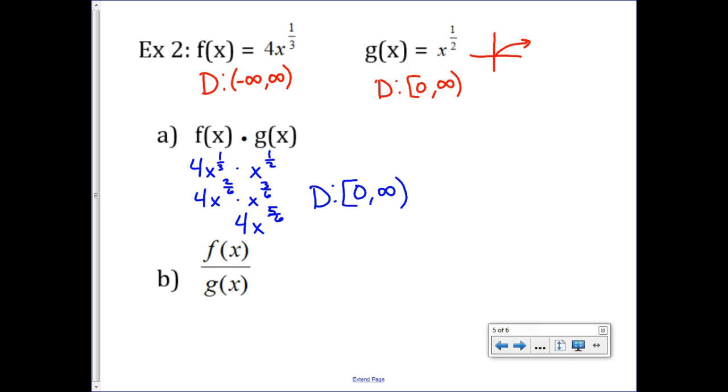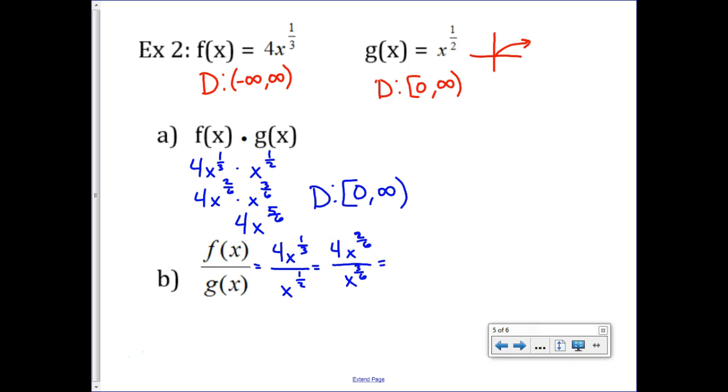And then f of x divided by g of x. So we have 4x to the 1/3 over x to the 1/2. Well, again, let's make these the same denominator. So we have 2 over 6 and we have 3 over 6. So 2 over 6 minus 3 over 6 is negative 1/6.